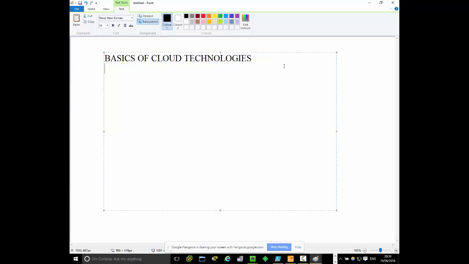And one of the first things we're going to talk about around the basics of cloud technologies is the basics of the client server infrastructure.